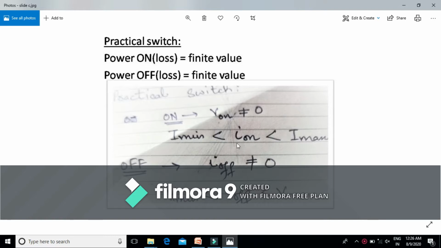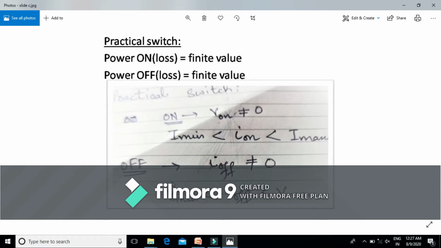That means it has some range from I minimum to I maximum, and also there will be some voltage drop across the switch. That means this voltage drop will not be equal to 0 as in case of ideal switch. It will be some finite value but not equal to 0.